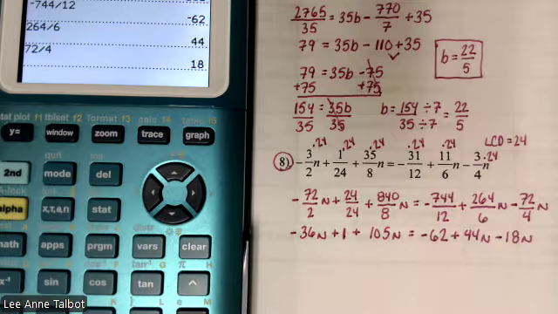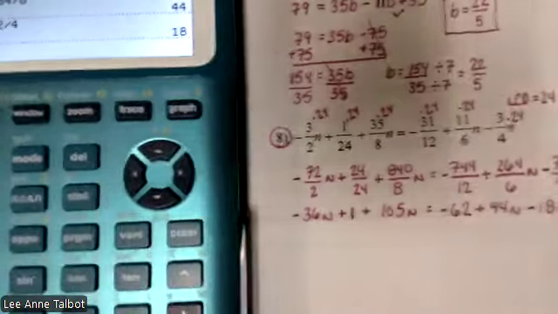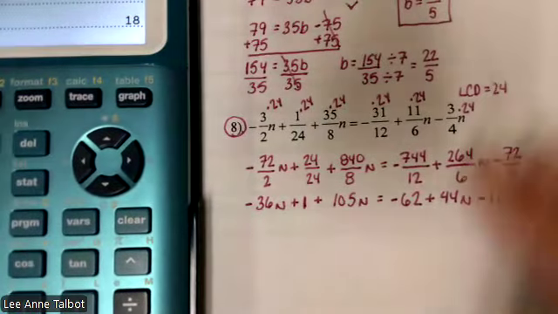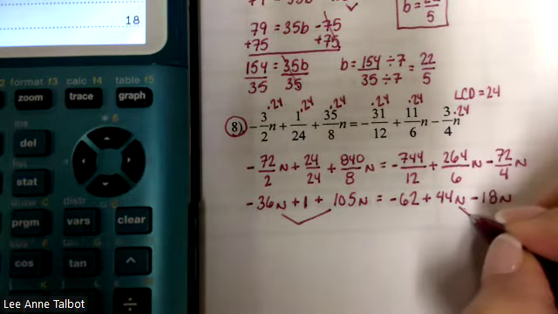A lot of stuff. Things and stuff. Stuff and things. Many terms in this equation. Okay, combining. So I'm going to combine these two and these two.